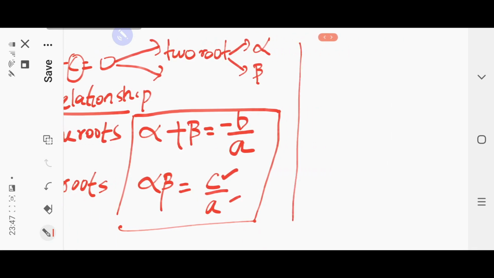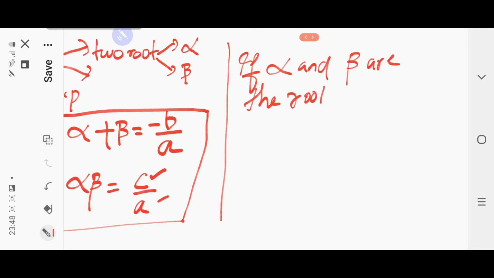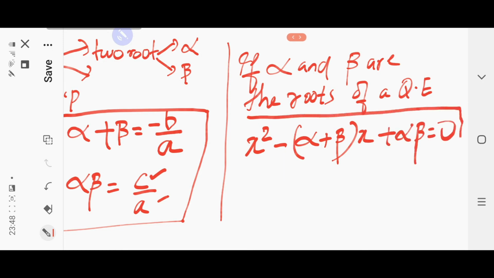And one more important thing to be studied is that if alpha and beta are the roots of a quadratic equation, then the quadratic equation can be written as x square minus (alpha plus beta) into x plus alpha beta equal to 0. This is the general form of a quadratic equation if alpha and beta are the zeros.